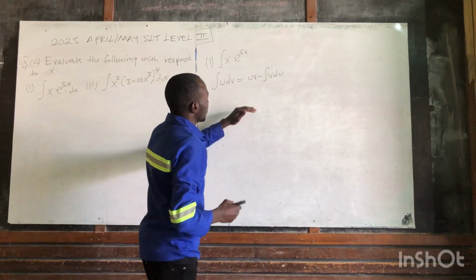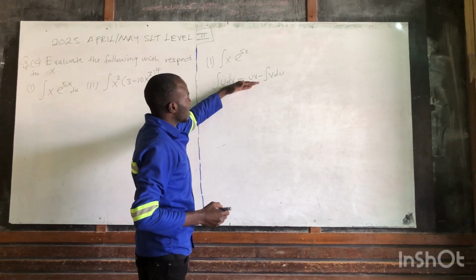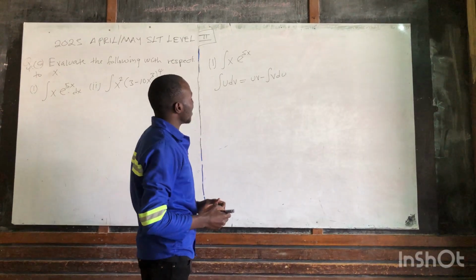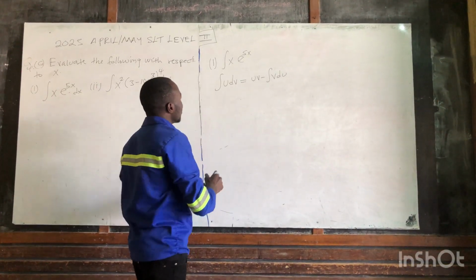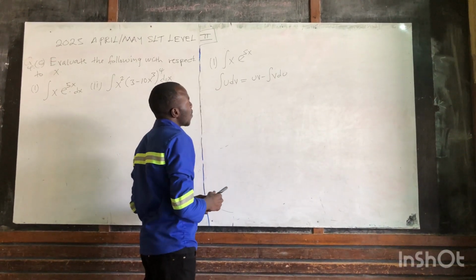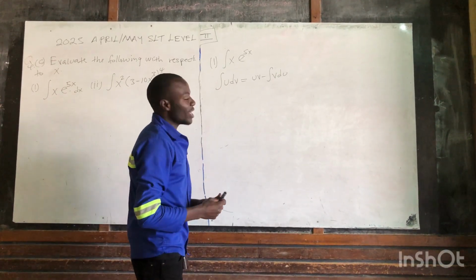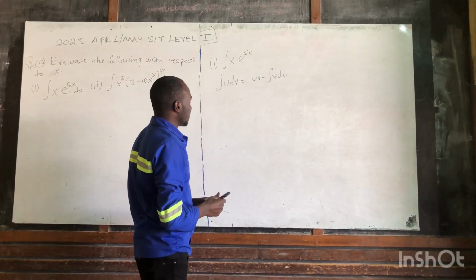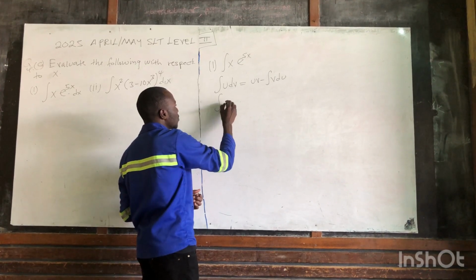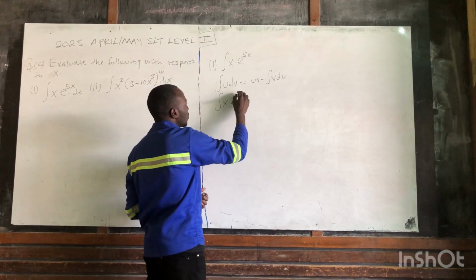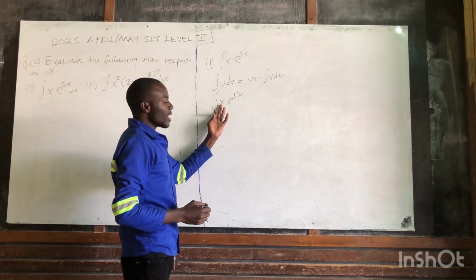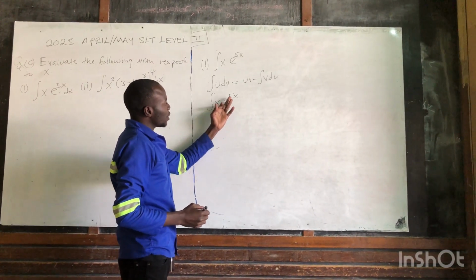Having gotten the formula for integration by parts, you can see that this expression is in that form. Now, which one are we going to pick as u, and which one as dv? From the integral of x exponential 5x, we have two functions, x and exponential 5x.